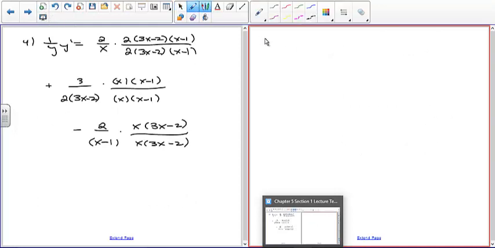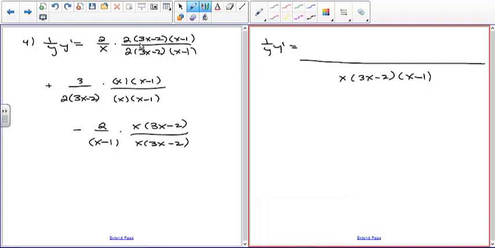So continuing on here, now we're going to have a common denominator, which is going to be x times 3x minus 2 times x minus 1. And the first part will have 4 times 3x minus 2 times x minus 1 from here. And I forgot a 2 right here, didn't I?